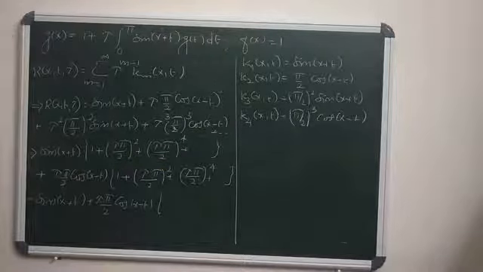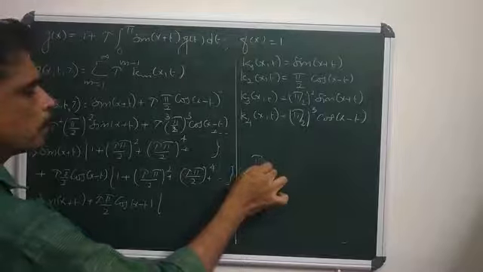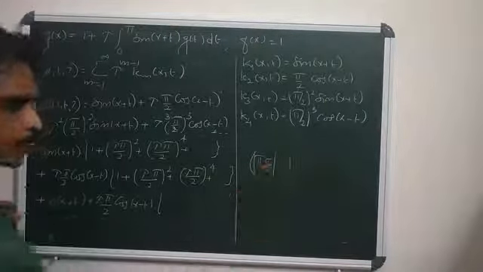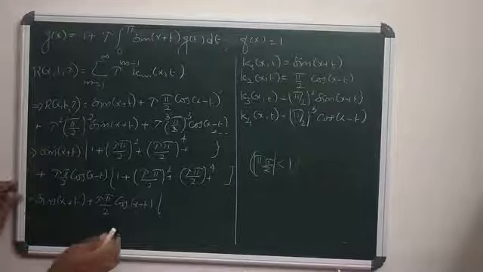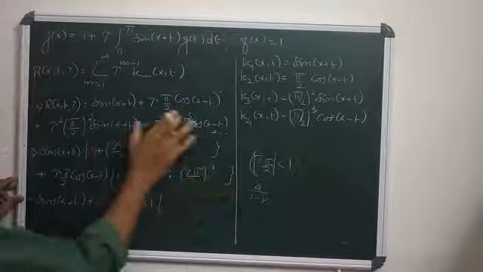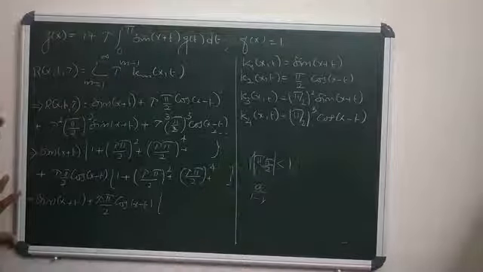That is nothing but a geometric series having common ratio (λπ/2)². If the modulus of λπ/2 is strictly less than 1, then it is a geometric series with a common ratio less than 1. Then that infinite sum is a/(1−r).